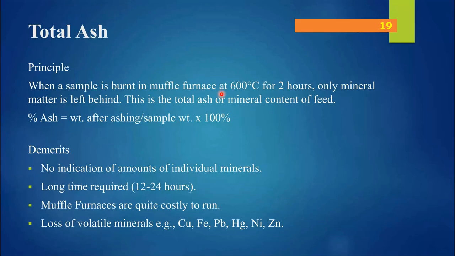Then total ash is similar to the acid insoluble ash, but the sample is burnt in a muffle furnace for about 2 hours. Only mineral matter is left behind. So this is called the total ash or mineral content of the feed.